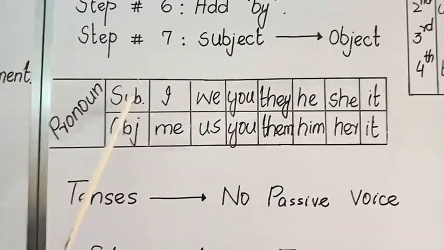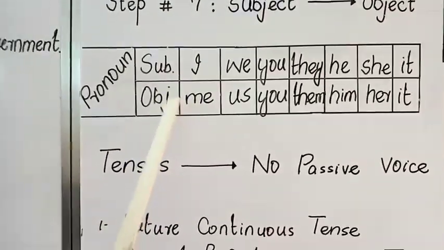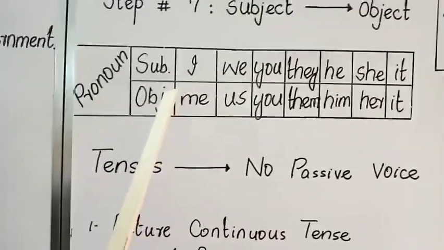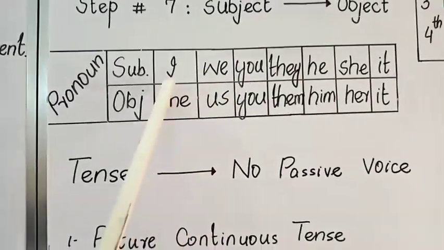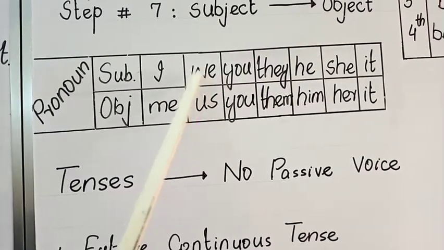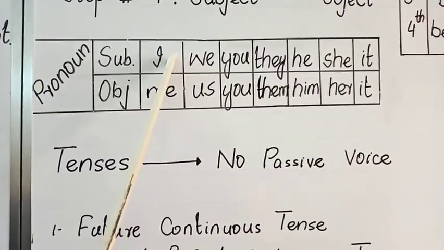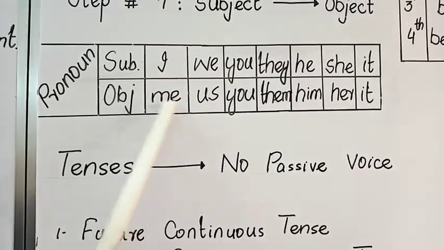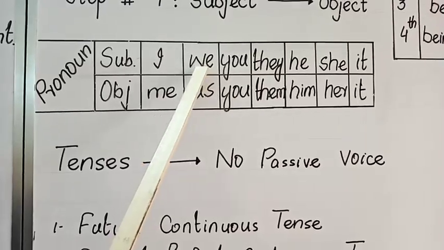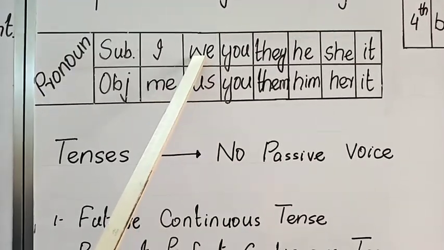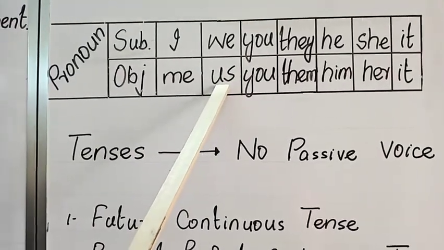So there are two types of pronoun written here, subject and object, and we know that there are 3 persons of pronoun. The first person pronoun is I and we, and I is first person singular subject and me is its object. And we is first person plural subject and its object is us.